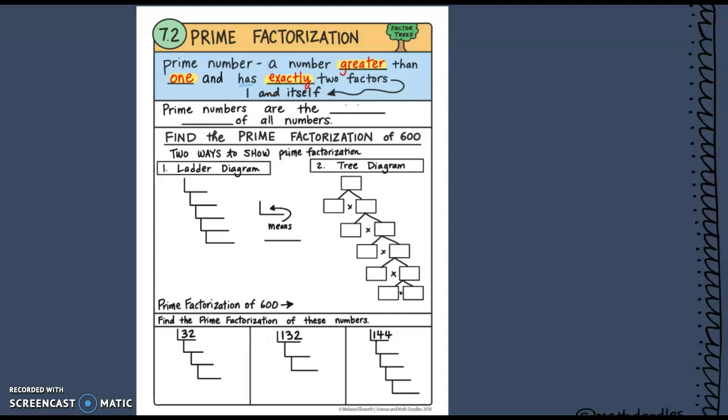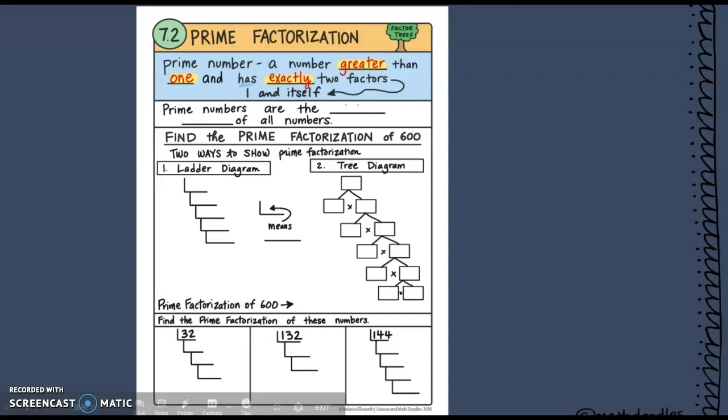All of these are numbers that you just multiply by 1, and that's the only way that you can get the product of that number. So the only way I can get 13 is to multiply 13 times 1. The only way I can get 5 is to multiply 5 times 1. So those are prime numbers, and you discussed prime numbers in 5th grade.